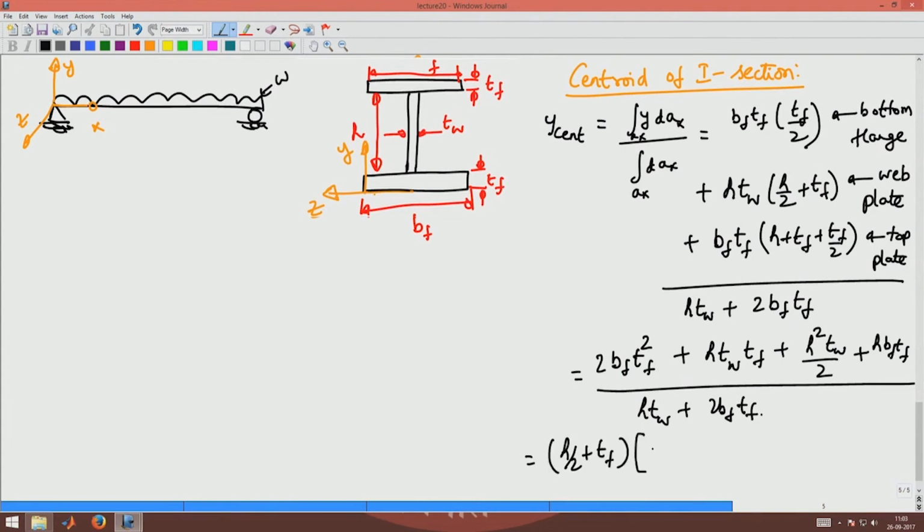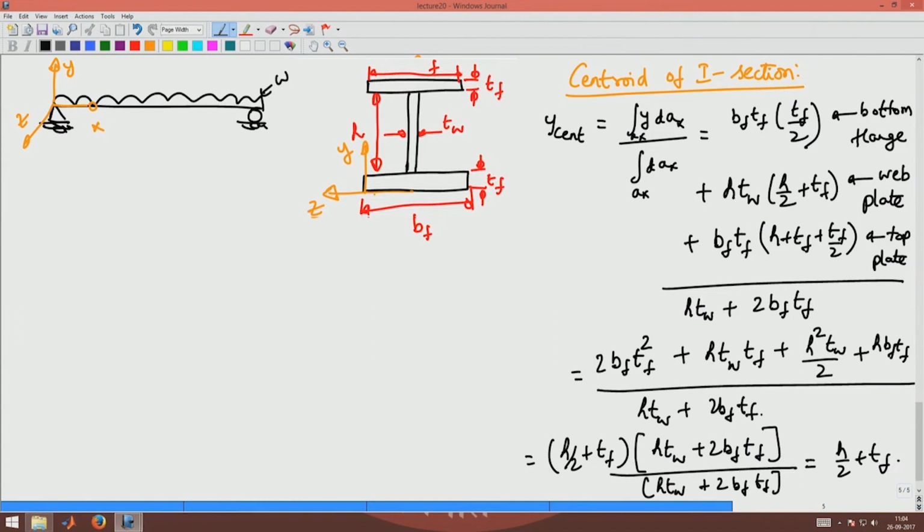Then I will get it as H by 2 plus Tf, times H Tw plus 2 Bf Tf divided by H Tw plus 2 times Bf Tf. Okay. So, that will be H by 2 plus Tf.